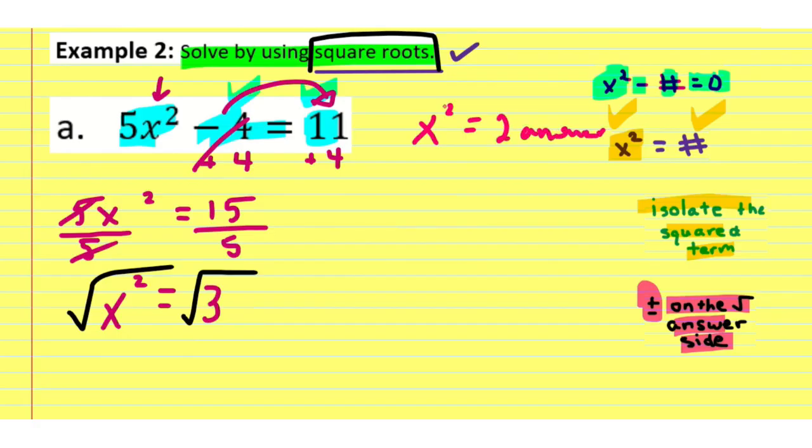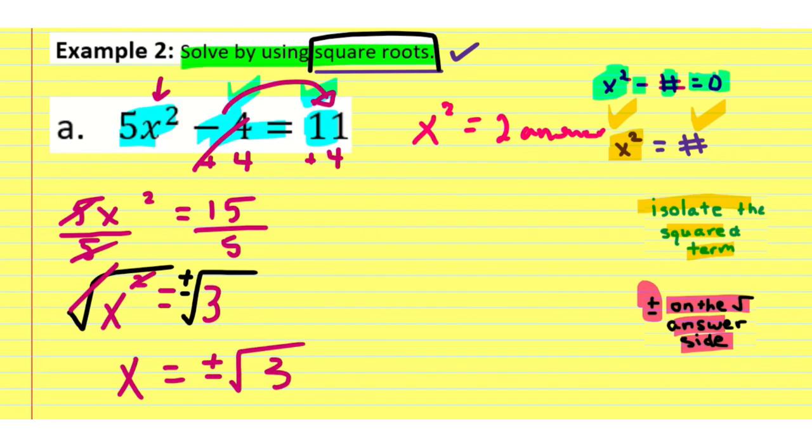So that means that if we put a plus or minus, that gives us two answers. So I'm going to put plus or minus on the answer side. Okay, so now I'm going to take the square root of a square, which means the square root and the square will cancel each other out. I end up with x is equal to plus or minus square root of 3.